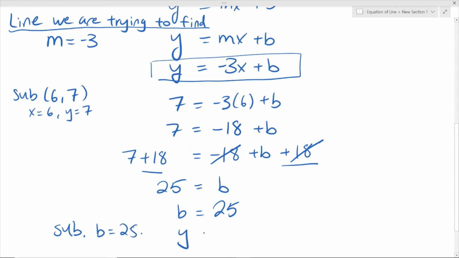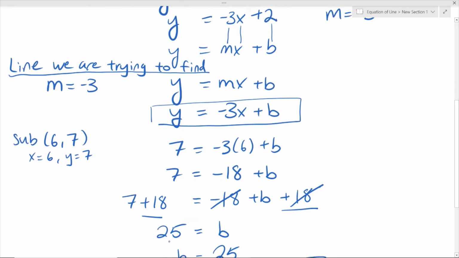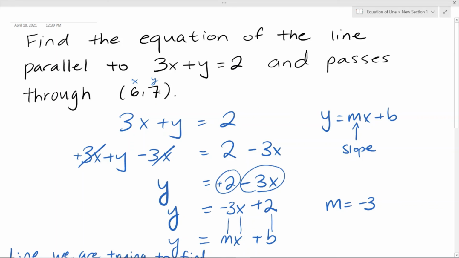So y equals -3x plus b, we copy this equation, and b is 25 as we found. So this is going to be our answer for the equation of the line that passes through the point 6, 7 and is parallel to this line right here.